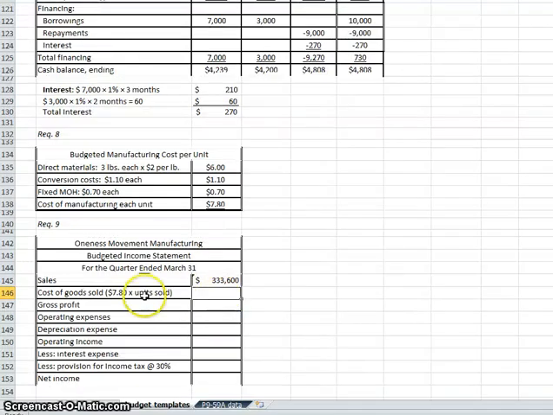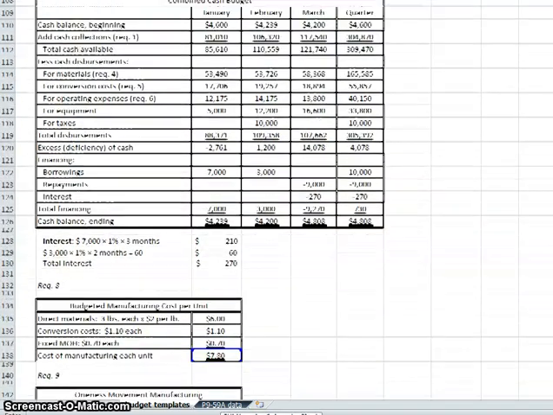Our next number is the cost of goods sold. And I've got a little hint in here. It's $7.80 from our previous budget times the units sold. So, equals. And I'm actually going to, instead of typing in 780, I'm going to type in that cell times the sum of units sold.